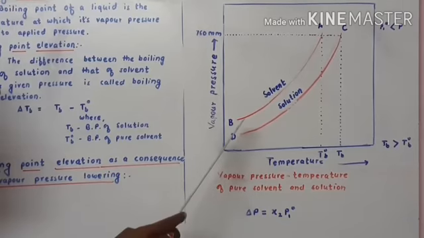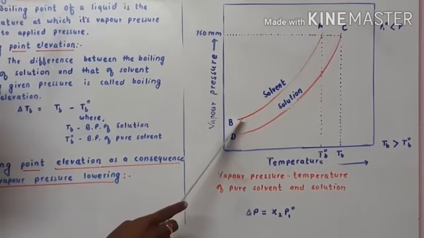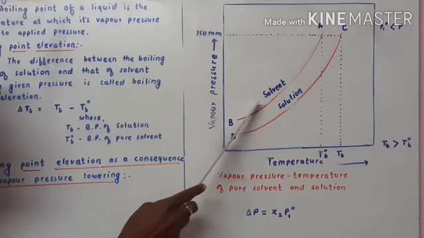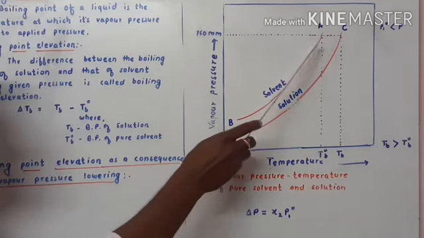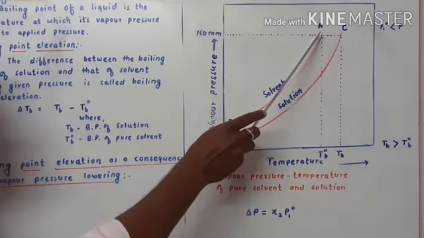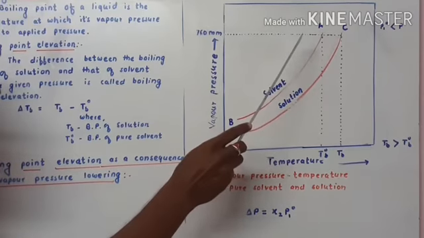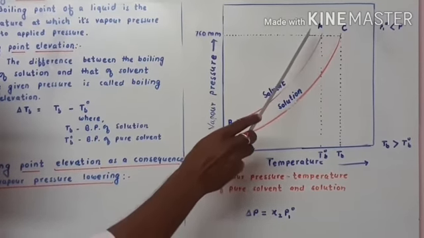Now consider this point B. Suppose here a pure solvent is taken. Now if that solvent is heated up to a certain degree Celsius, its temperature will increase and it reaches its boiling point, a constant temperature.